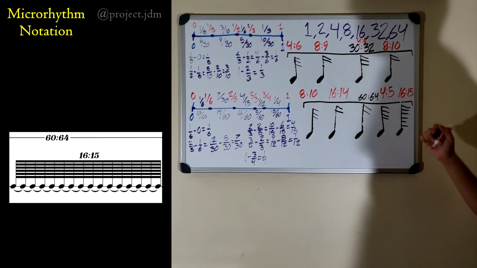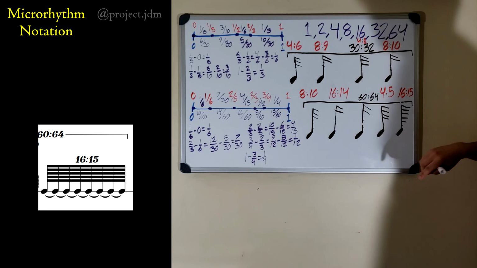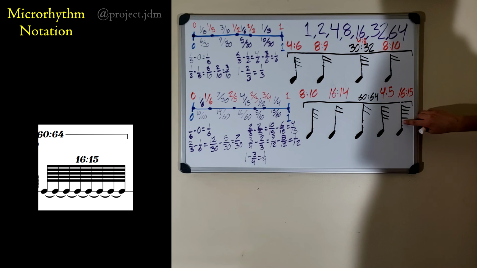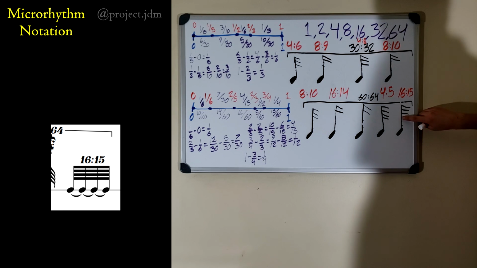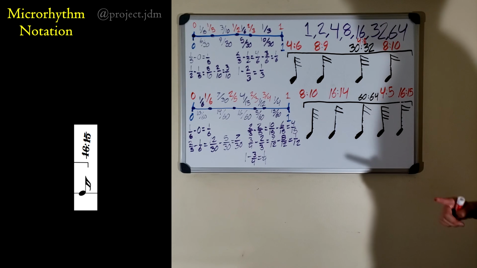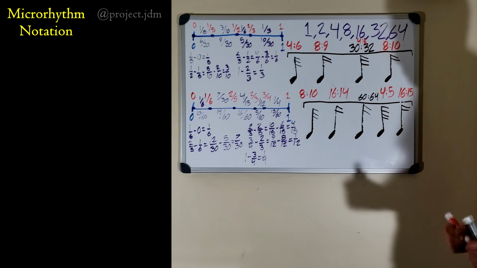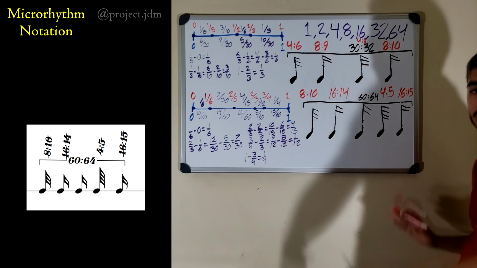And we reduce. 16 of these can fit in the same space as 8 of these, and the same space as 4 of these, and the same space as 2 of these, and the same space as 1 of these. There's our note. So all reduced. Here's our 5-note rhythm.